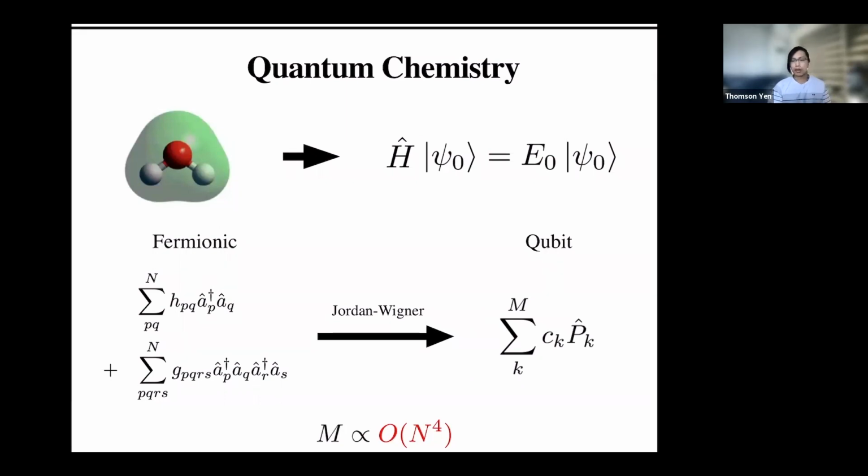And in the case of a molecule, we chose n orbitals that your electrons could occupy. And what you then do is you compute these h_pq and g_pqrs coefficients that represent the energy you would have if you were to have certain electrons occupying some orbitals.